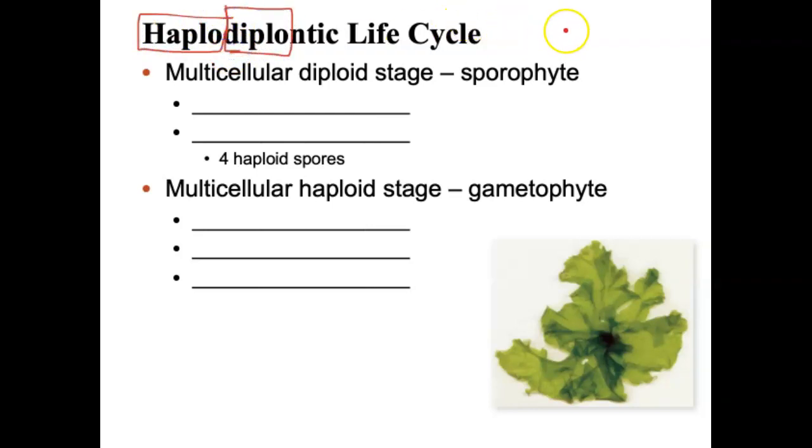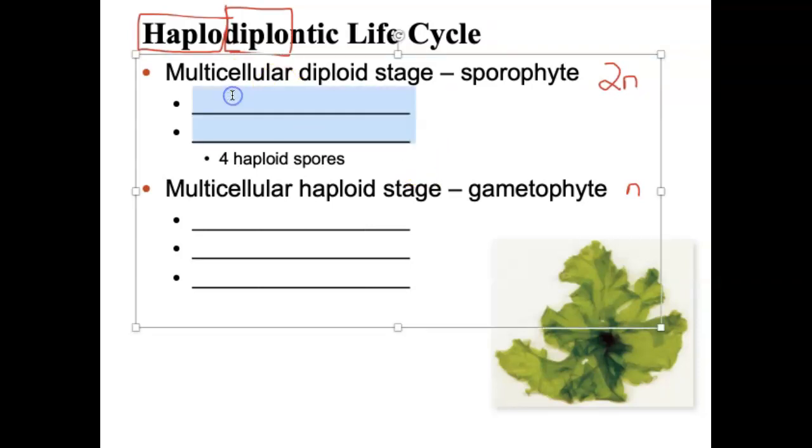So haploid, N, half the genetic material. Diploid, 2N, full genetic material. To put that into context within an animal, haploid is your egg or sperm, diploid is you, the individual. So when these guys go through this life cycle, they're kind of bouncing back and forth based on how they're trying to reproduce.